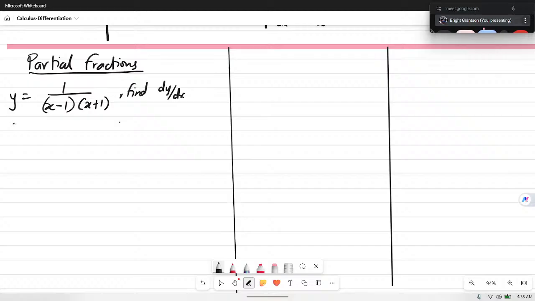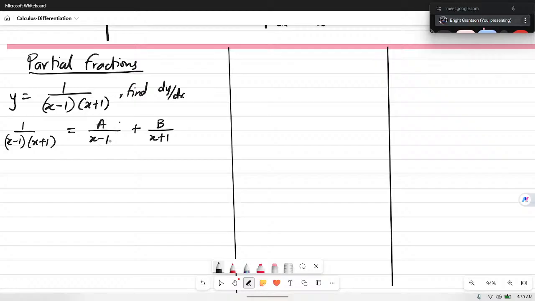So for partial fractions, 1 over x minus 1, x plus 1 can be written now as what? A over x minus 1 plus B over x plus 1. And with partial fractions, whenever the denominator is a linear function, the numerator becomes a constant.